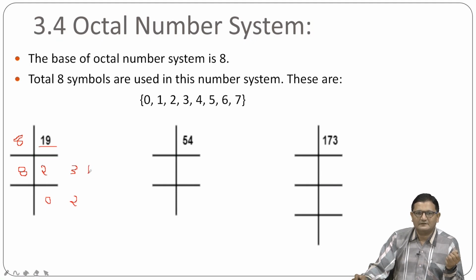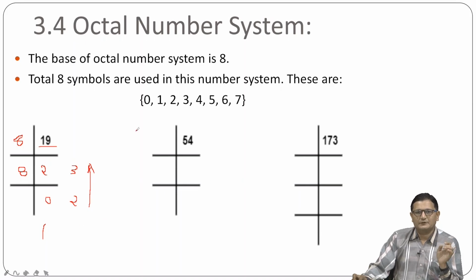You just need to write down the remainders in this way, and it will make 23. So what we can say is the decimal 19 is equivalent to, in the bracket, 23, you just write 23 and then you complete the bracket and then you write 8, right.